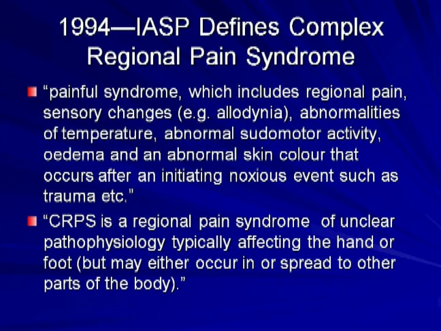And it's a regional syndrome, unclear pathophysiology, affecting usually an extremity, hand or foot, but it could occur in any other part of the body. So this was the new definition applied to what was termed reflex sympathetic dystrophy in the past.